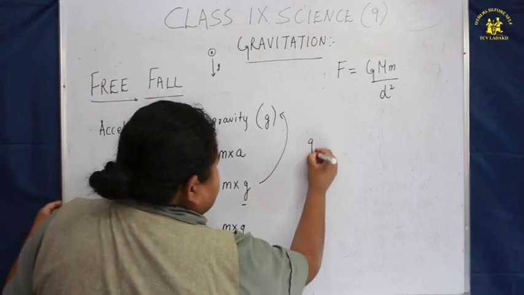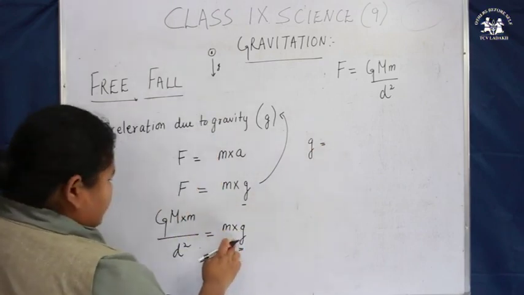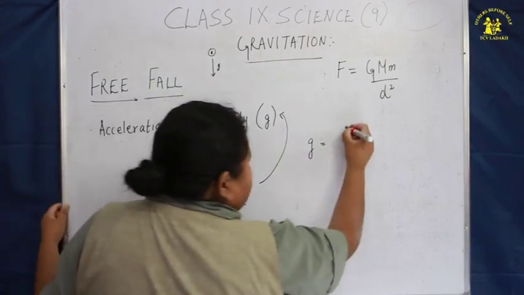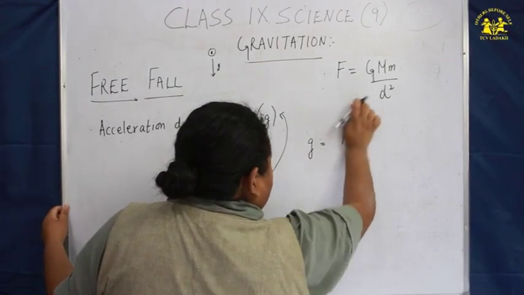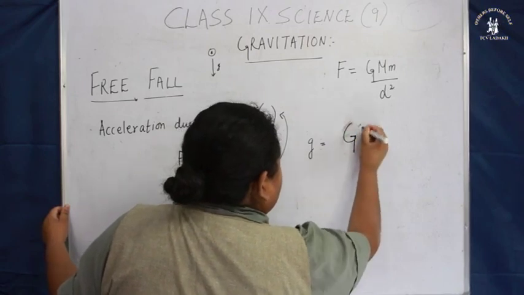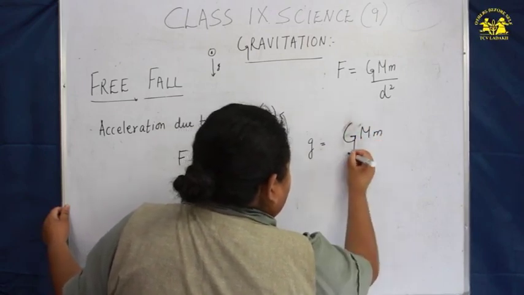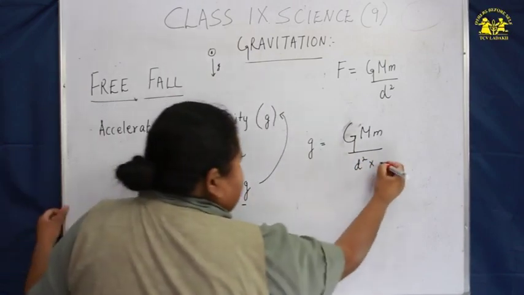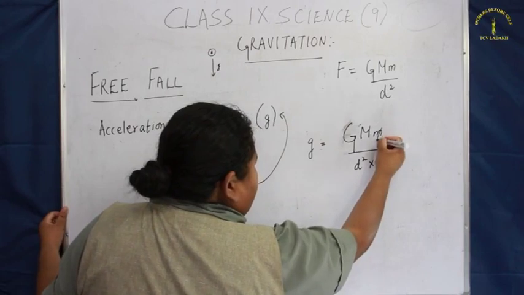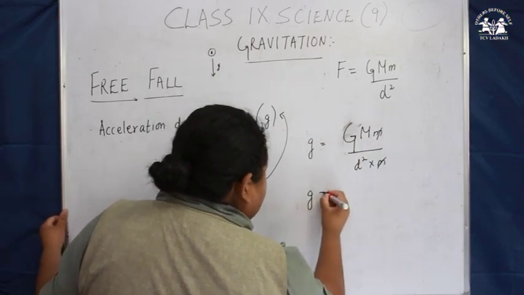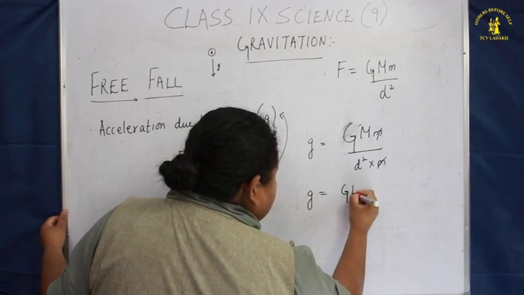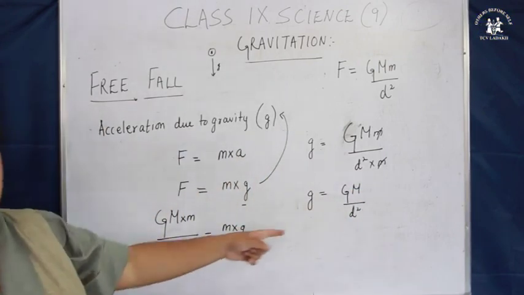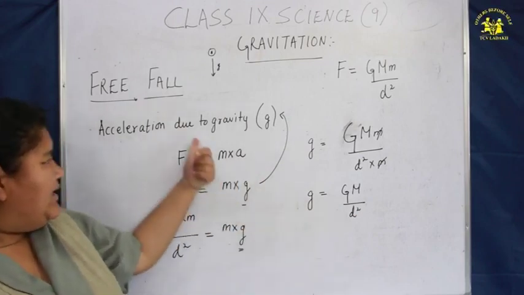So g is equal to G capital M into small m divided by d square, divided by m. This small m, the small m cancels. So what we get is g is equal to capital G capital M divided by d square. This is the formula for acceleration due to gravity.